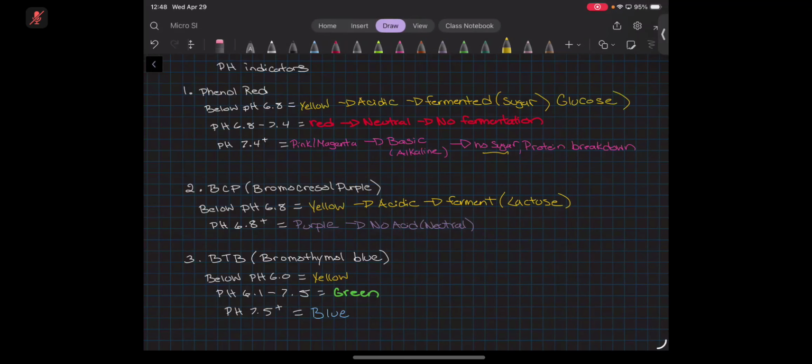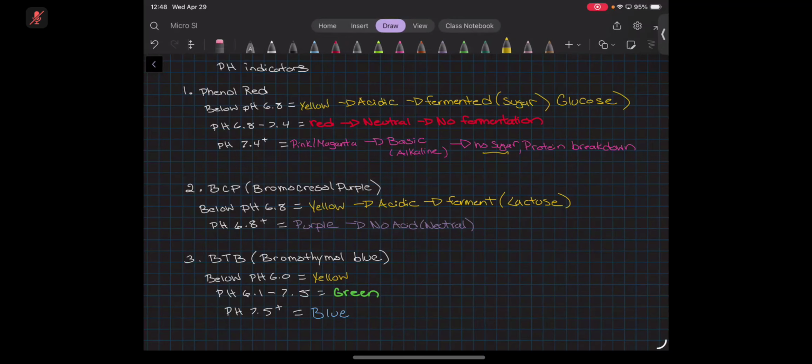So if it's purple, we're going to know that it was lactose, and if it was red or yellow, it's going to be glucose. Well, it could be yellow on the lactose too. If it's purple, then you should know it's going to be lactose. There's no purple in any other ones. How would we know if we're testing for a simple sugar or a complex sugar?